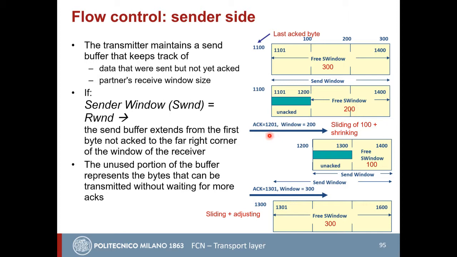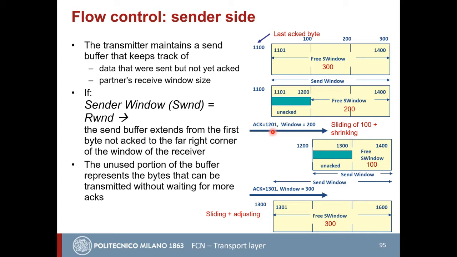Okay, so they remain in the transmission buffer. At a certain time, these bytes are acknowledged by the receiver, and in the acknowledgement message there is the ACK number, that is 1201. It means I have received correctly until byte number 1200. I wait for byte number 1201.